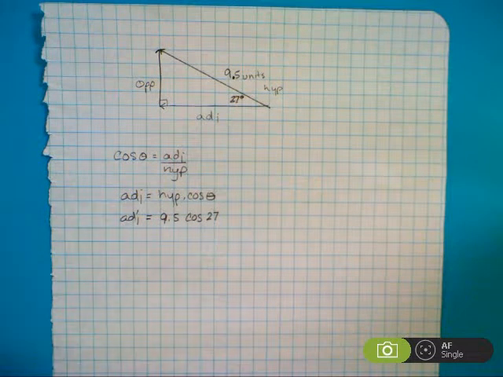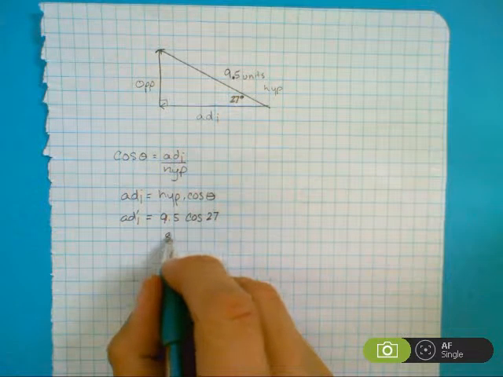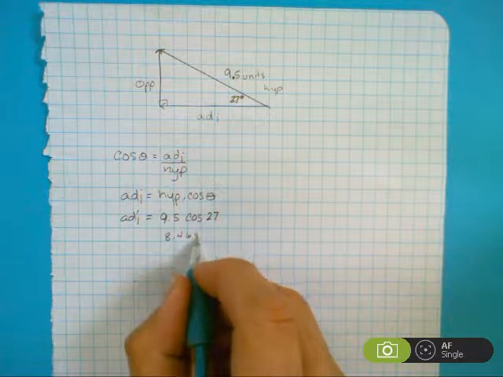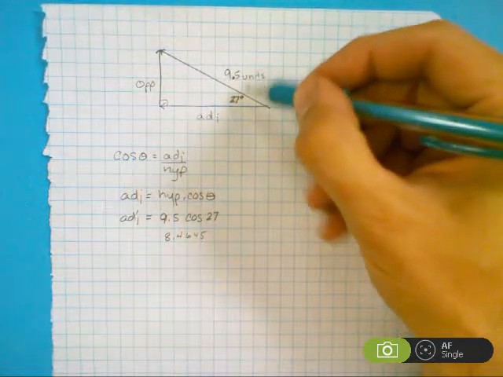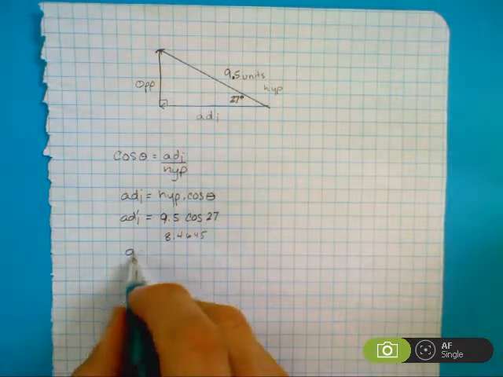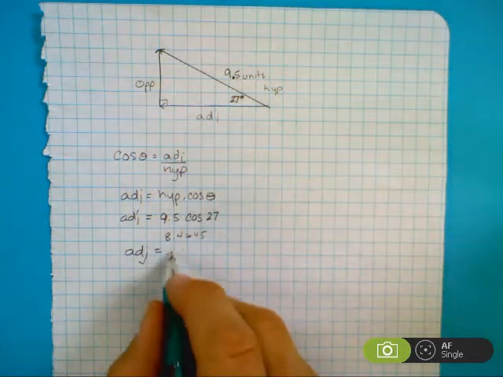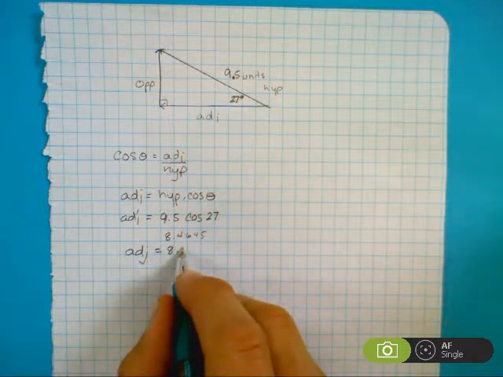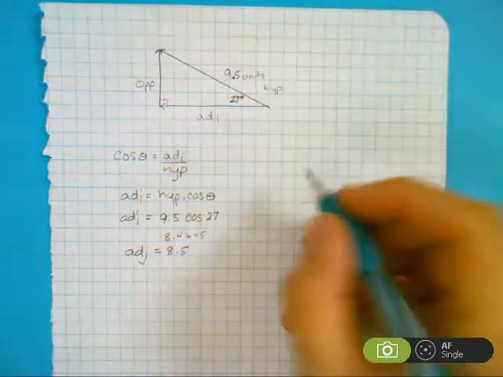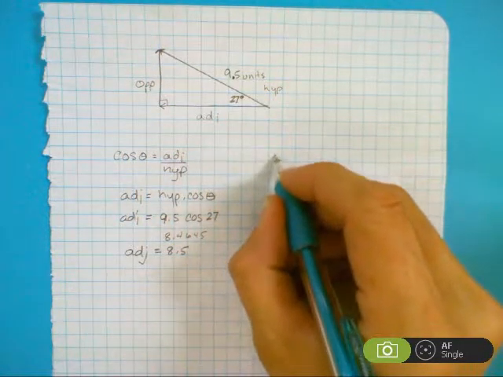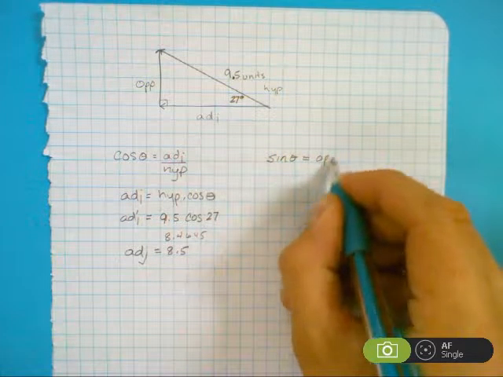If you punch that into your calculator, it's going to spit out 8.4645 and so on, which, because I'm limited to 2 sig figs here, I will simply say that my adjacent side, or my adjacent component, is equal to 8.5 units.